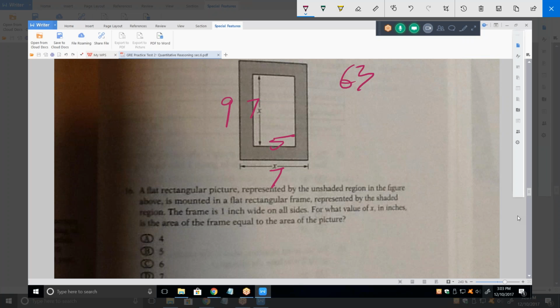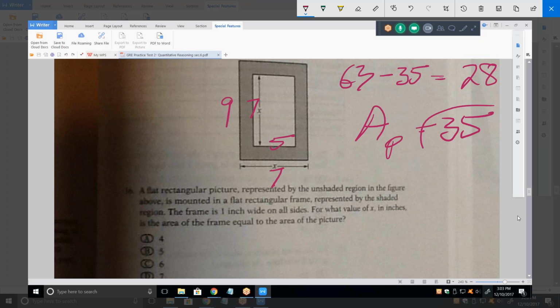The area of the inside is 35. Therefore, the area of the frame is 28. And the area of the picture was 35. So the area of the picture is bigger than the area of the frame, meaning we need a smaller x. There you go. Okay, so that makes sense.